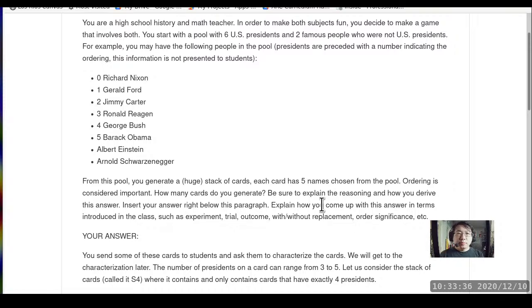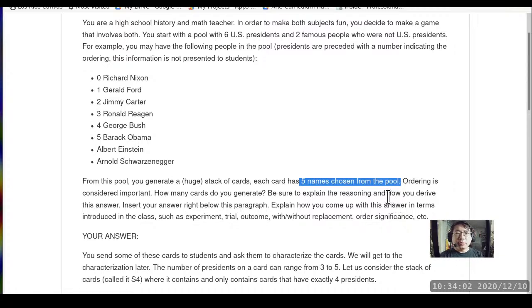So what we are doing is to look at all of these things here. Okay, each card has 5 names chosen from the pool. So that means we have 5 trials in an experiment because each card is representing one experiment, and each experiment has 5 trials. Where each trial is really just drawing one name from the pool.